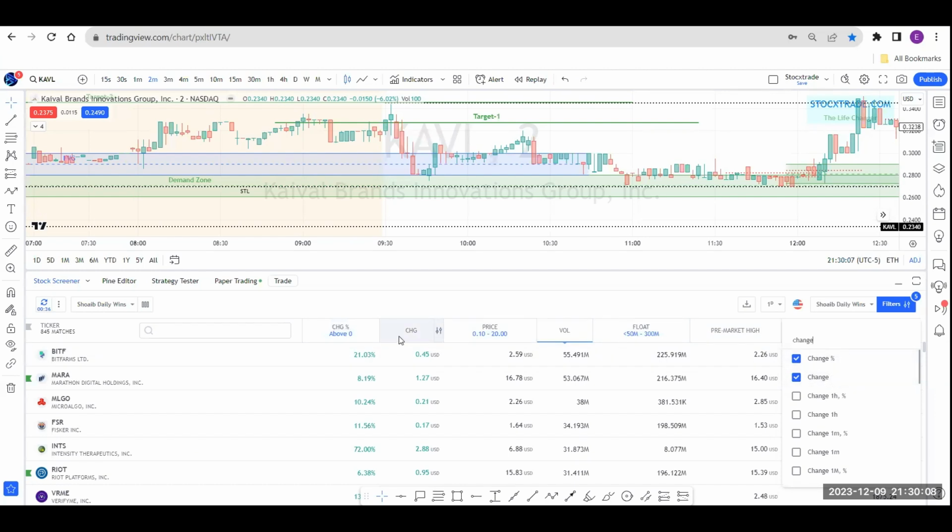Then you can add price, volume, and relative volume. And the float, which is really important because we are trading momentum stocks, so you need the float, the number of tradable shares. Then you will have this scanner. There is nothing new. This is an old video I saw, and then I put it here.